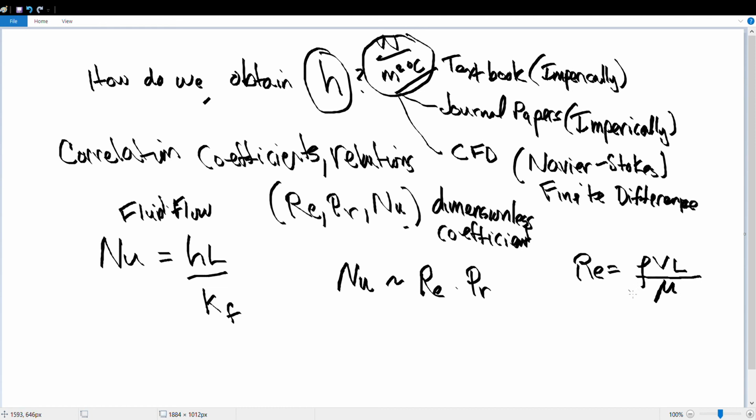So it's basically inertial over viscous properties, a ratio.